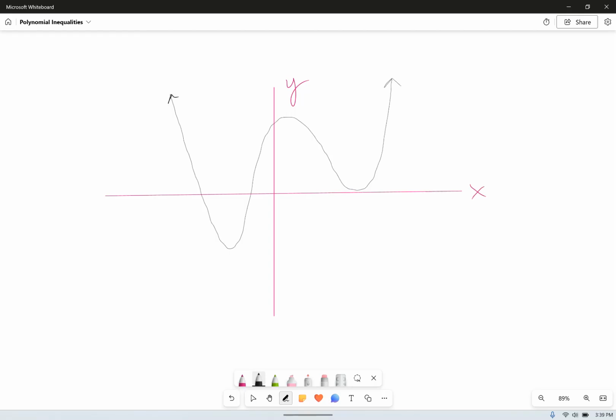Now, I know that the graph didn't necessarily touch there, but let's pretend that it did. And so you'll notice right here, we have an x-intercept, we have an x-intercept, and let's pretend that it bounced right off of that x-axis. There's an x-intercept. It crossed the y-axis.